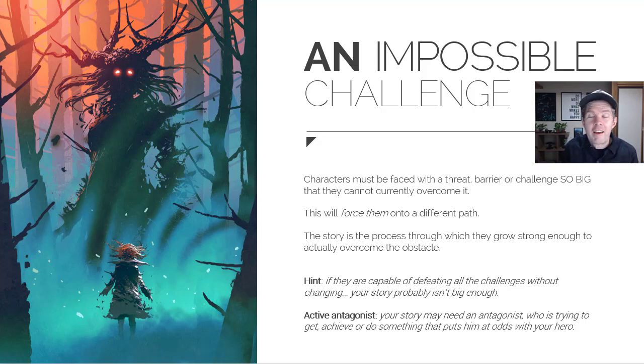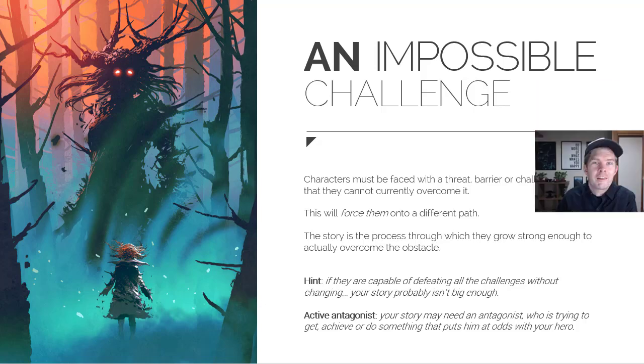And it doesn't necessarily have to be that they both have a goal that's at odds. It could just be because the hero, the protagonist, is so good, they feel obligated to stop the villain from whatever dastardly plan he's brewing up.